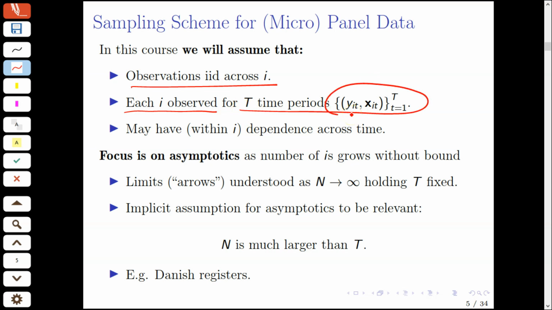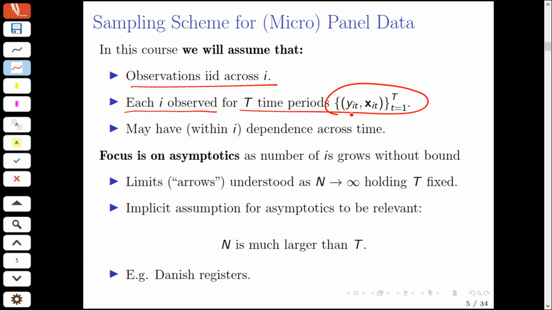So when we talk about the data for an individual, we mean yit and xit for t running over capital T periods of time. Note here that when we say that observations are IID across i's, we may still have, and may indeed have, dependence across time within a given individual. In fact, that is to be expected.